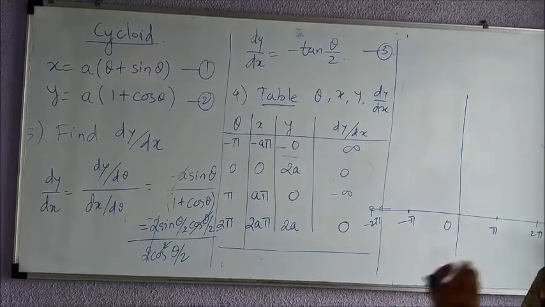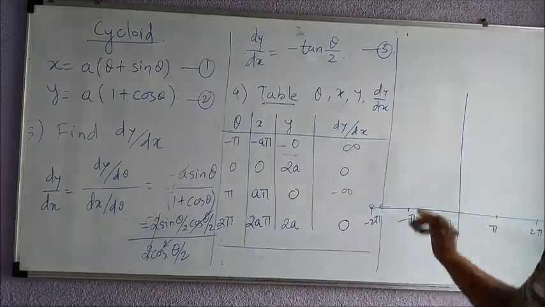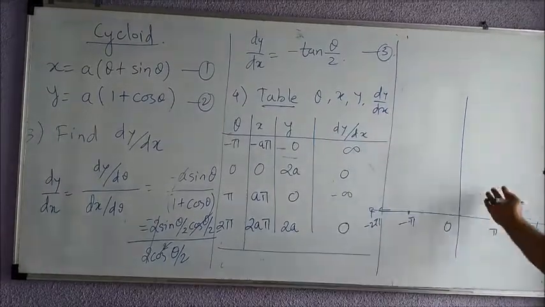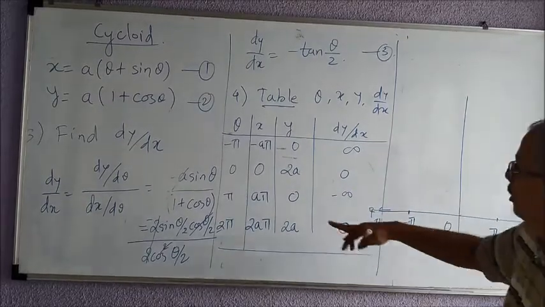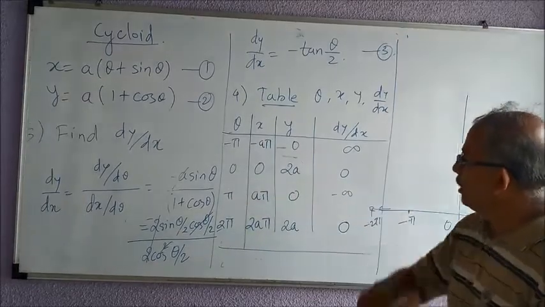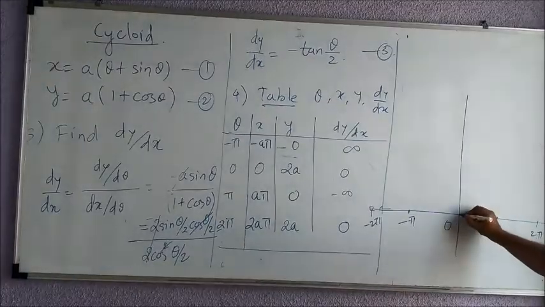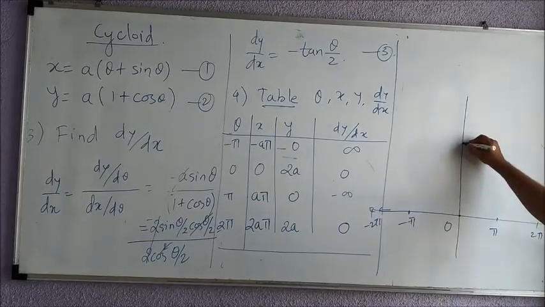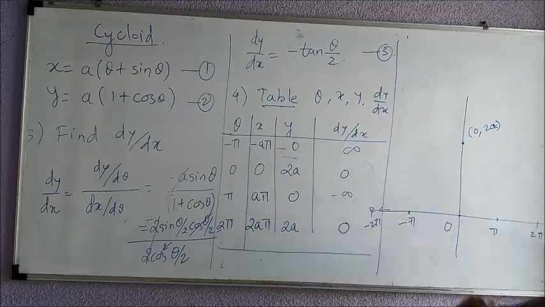Now it is symmetric. So whatever you draw on this side, you can simply make a mirror image of this on the other side. Now see what is happening at 0. Your x coordinate is 0 and y coordinate is 2a. That means when theta is 0, you will be here somewhere, at 0, 2a.